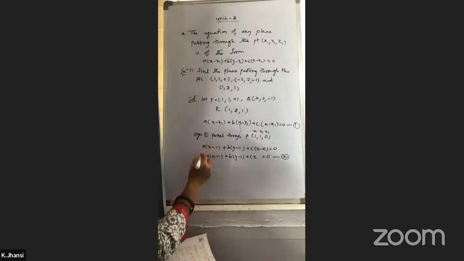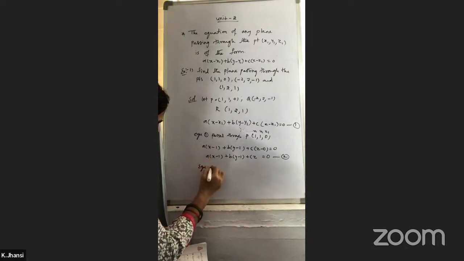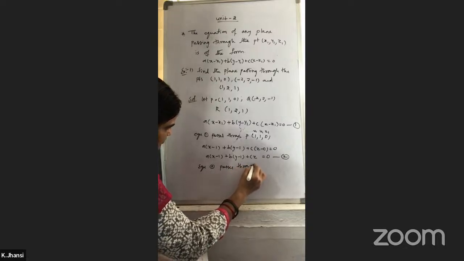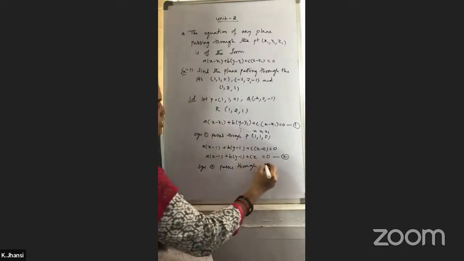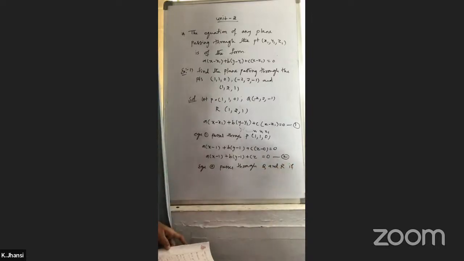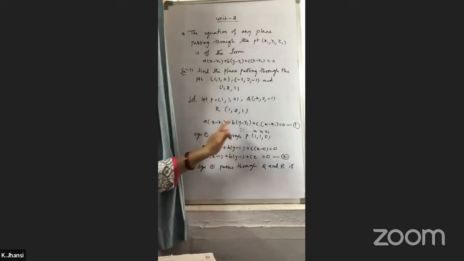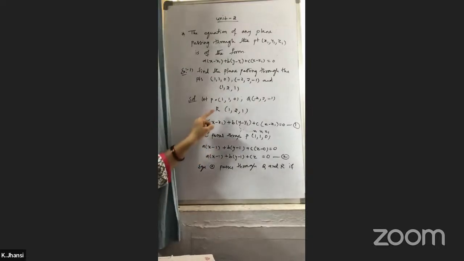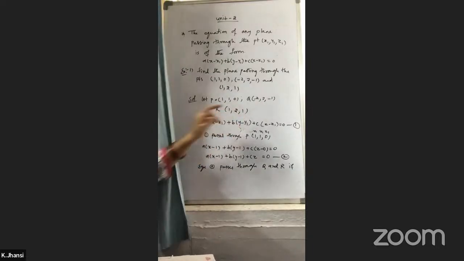Okay. So now equation 2 passes through Q and R. In place of x, y, z, you substitute the values -2, 2 and -1. So in place of x, y, z, substitute the point Q (-2, 2, -1).